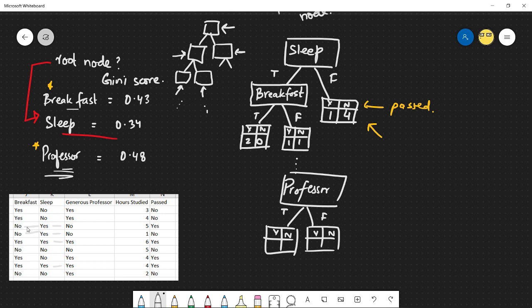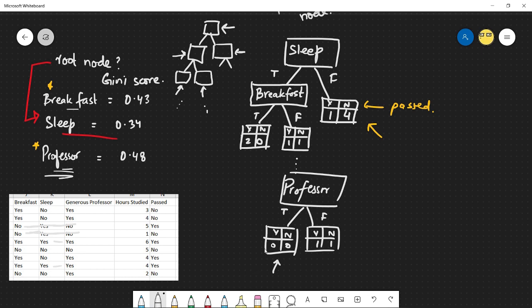So we're technically looking at these two rows here. For those two rows, I have a professor value both of no, so there is no true, so I'm going to put a 0 and a 0 here, and there is a false one, so no's, and that is 1 apiece.